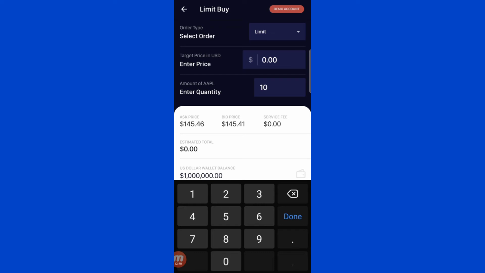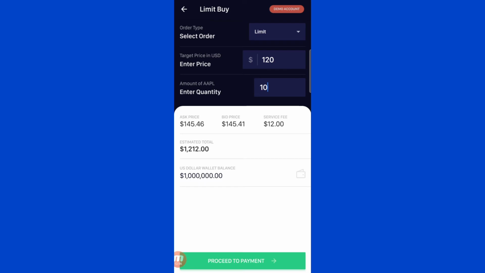So Apple stock is currently at $145, right? Or maybe you're looking to buy it when it gets lower, and let's say at $120, and you're then willing to buy 10 shares of Apple stocks at $120. That is what we have here. And you can now go ahead and click on proceed to make payment, right?